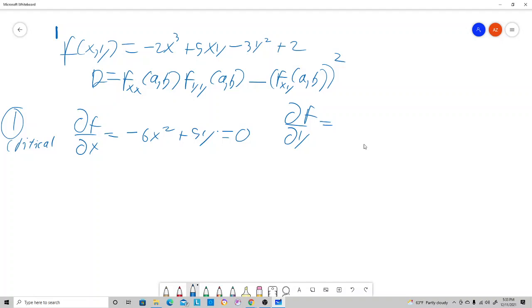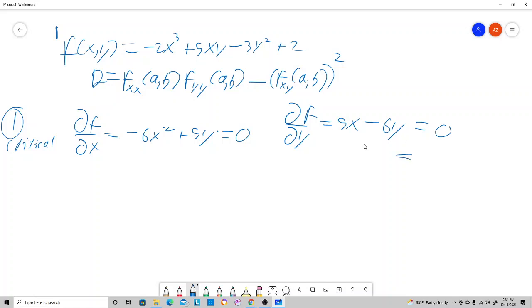Here everything else is constant, so we just have 5x minus 6y. We can set that equal to 0 also. To solve this system of equations, substitution might be our best method here.